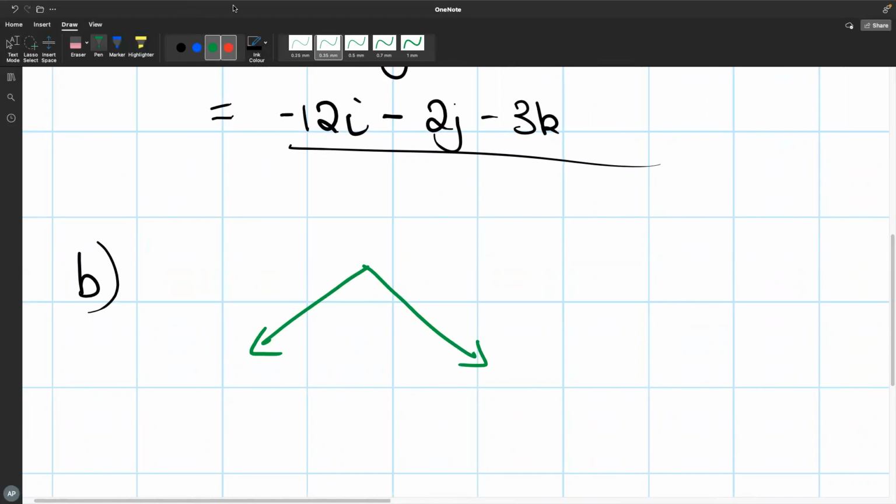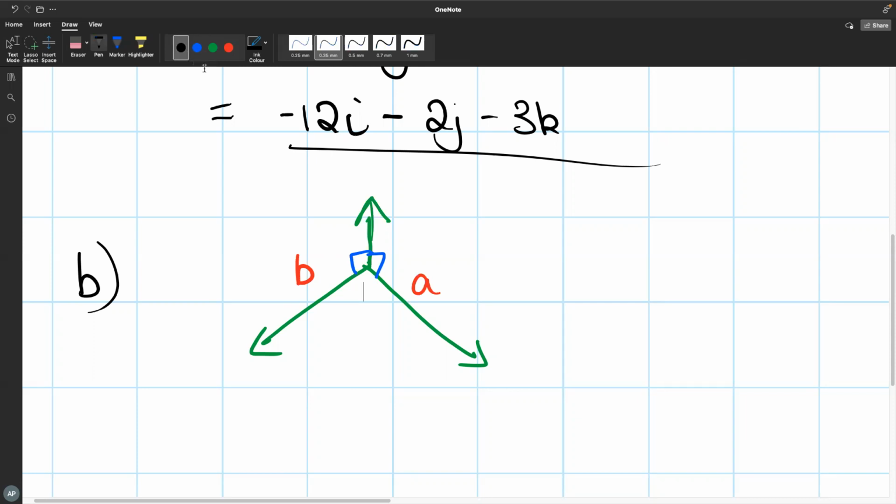Let's take this as A and this as B. If we follow the right-hand rule and we're crossing A with B, our hand moves from A, wraps around to B, and our thumb is pointing upwards. So the vector we get from the cross product is pointing upwards, and is therefore perpendicular to both of these, because it is not in the x and y plane. It's instead a normal to the plane.